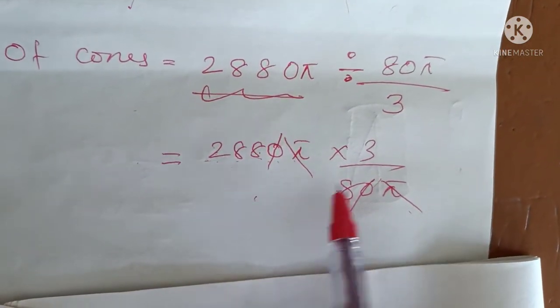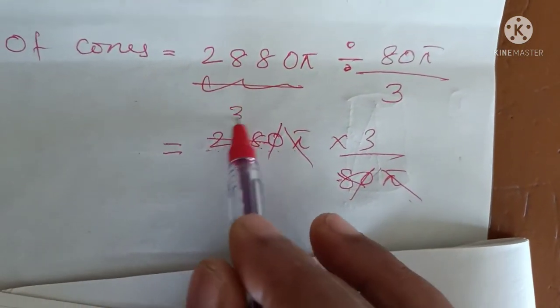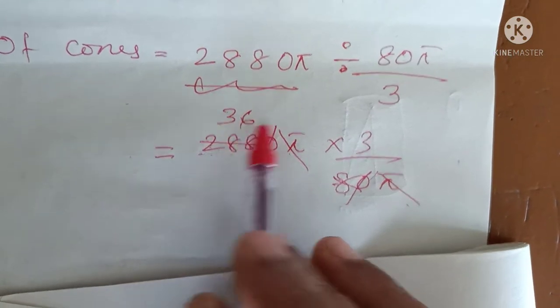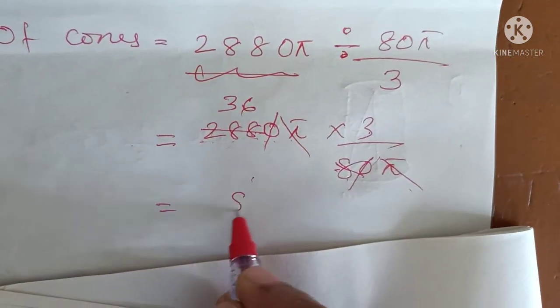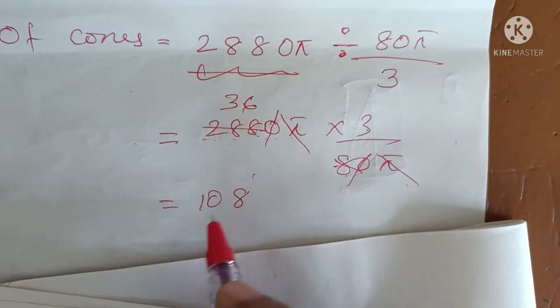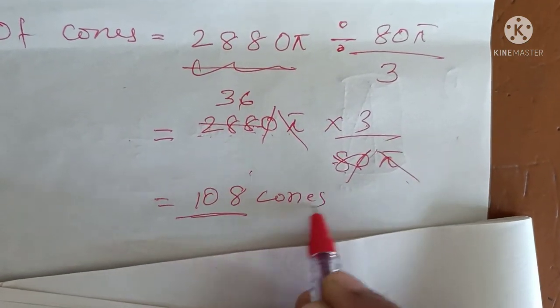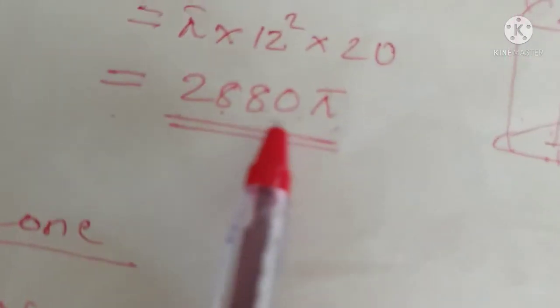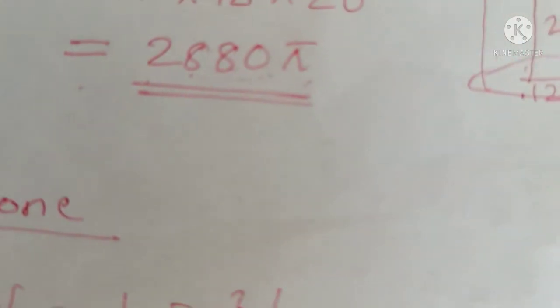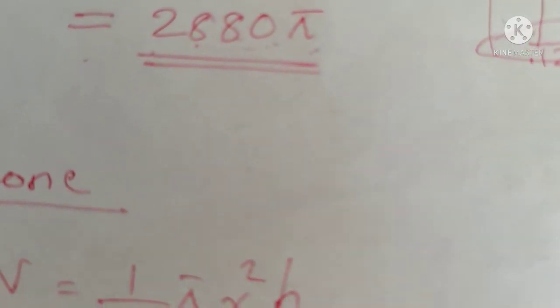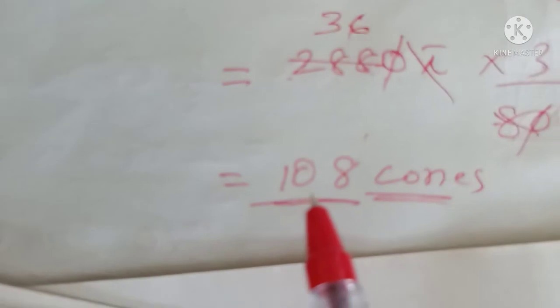In 288, 8 goes 36 times. So 36 into 3 is 108. So 108 small cones can be made from that melted cylinder.